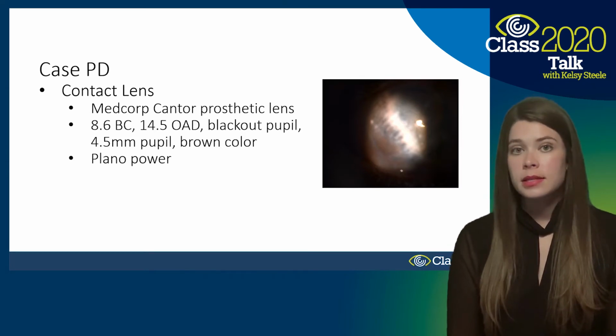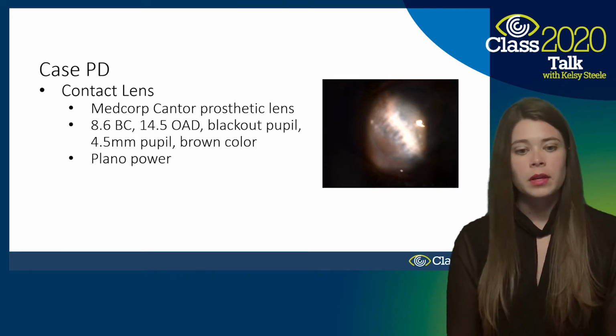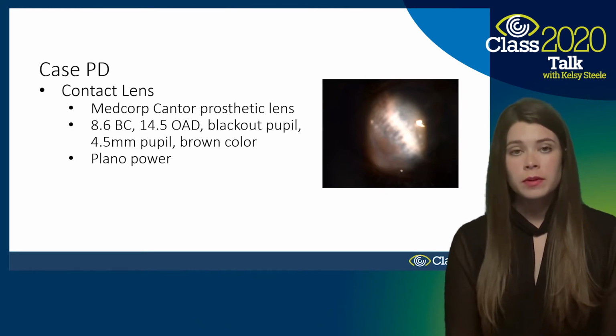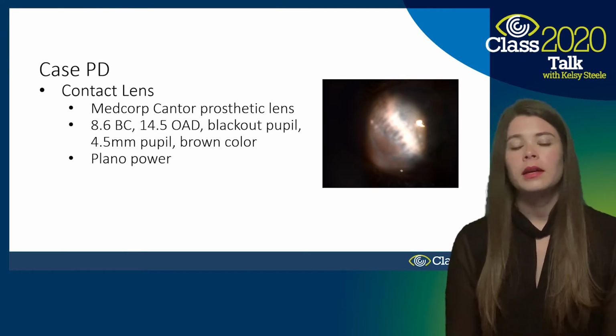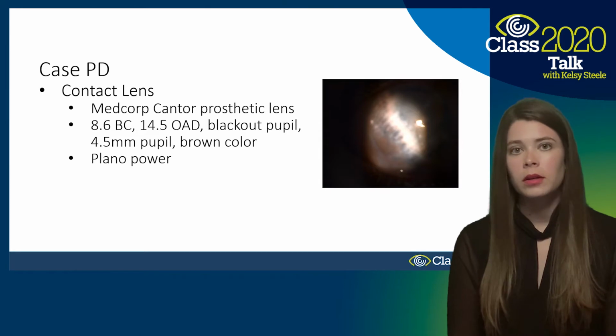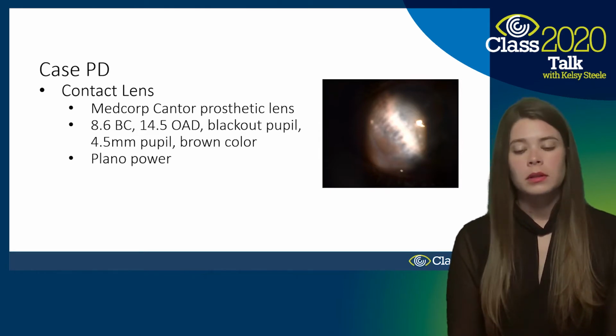Due to the light sensitivity and because of the nature of the scarring, we did a blackout pupil for him in a 4.5 millimeter diameter in just a plain brown color. We took a few measurements, bright lights, ambient light, dark, to get an average of his pupil size to match it the best we could when deciding on the diameter. And no power because we were doing a blackout pupil.